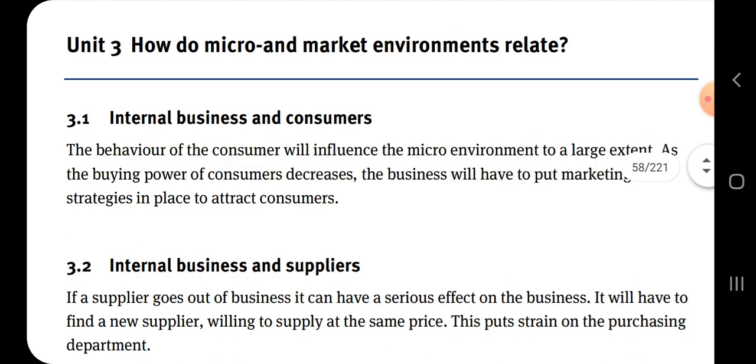So this is how the micro and the market environment relate. If customers don't buy, the business needs to come up with strategies to make customers buy, which is how the market environment correlates with the micro environment. The business plans internally, but whatever they plan has to go outside and reach customers. So customers are in the market environment.